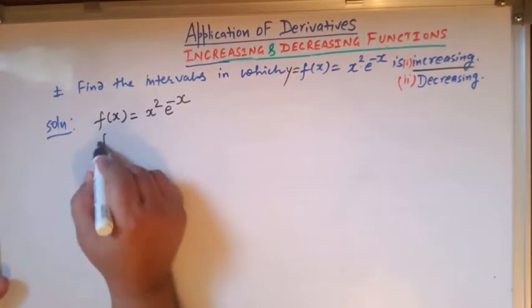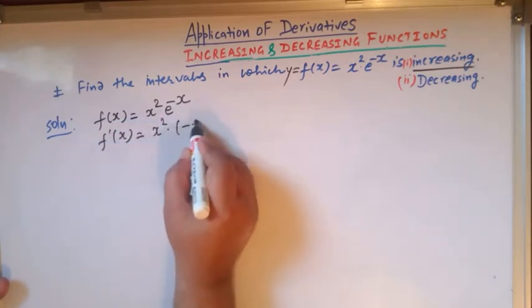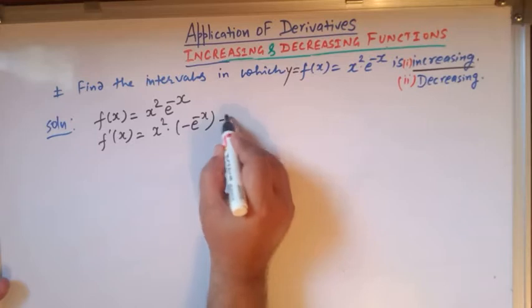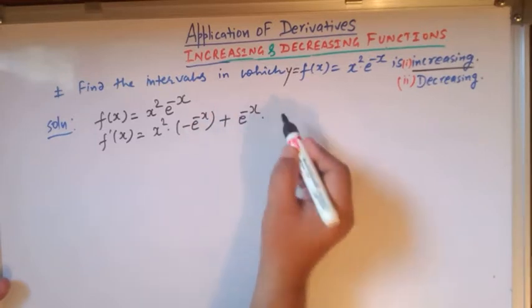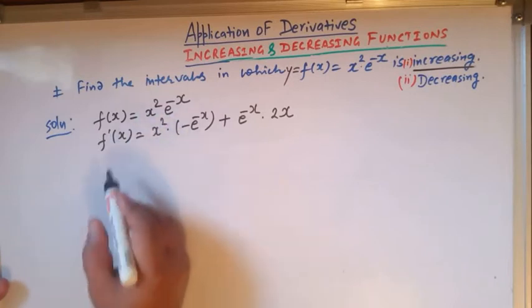Now let us differentiate it. So we have x square times minus e raised to minus x plus e raised to minus x multiplied by 2x. Here we have applied the product rule.